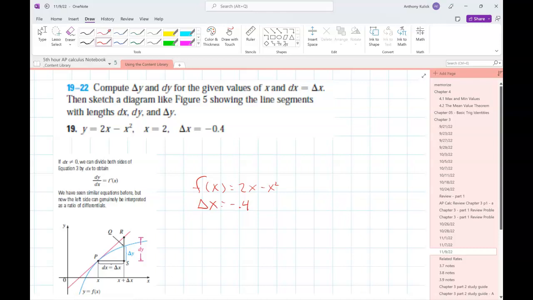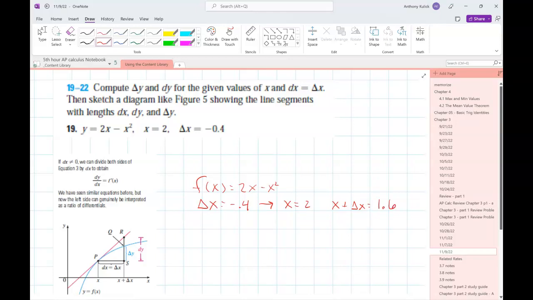So if our delta x is negative 0.4 and one of my x's is 2, then x plus delta x needs to be 1.6.